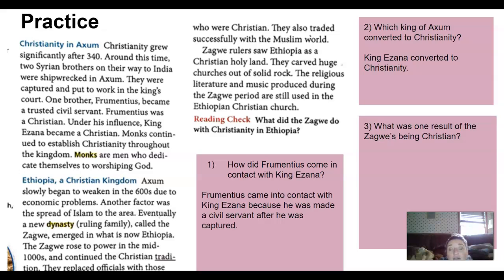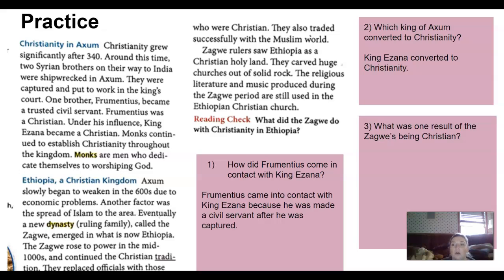They also traded successfully with the Muslim world. Zagwe rulers saw Ethiopia as a Christian holy land. They carved huge churches out of solid rock. The religious literature and music produced during the Zagwe period are still used in the Ethiopian Christian church.